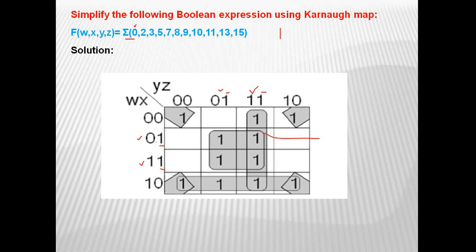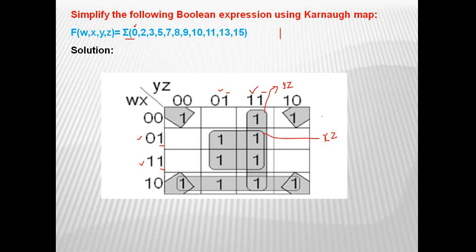This one represents x. So in my minterm, I will be having the x variable, and this corresponds to z. So it is x z. And when you are considering these 4 ones, we have to consider only these 2 terms, which are y and z.